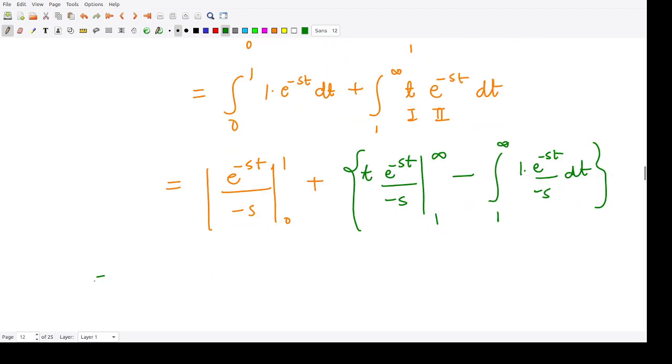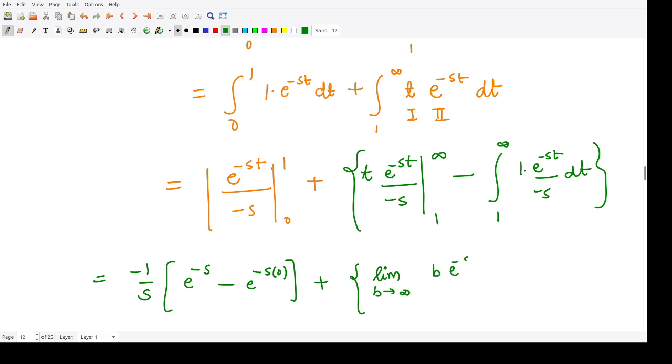Now if you substitute the limits here, minus 1 by s being constant would come out. When you substitute t equal to 1, you would have e to the power minus s, and when you substitute t equal to 0, you would have 0 here. In the second term, when you substitute infinity, you would have limit b going to infinity, b e to the power minus sb divided by minus s, and when you substitute the limit 1, you would have 1 into e to the power minus s divided by minus s.